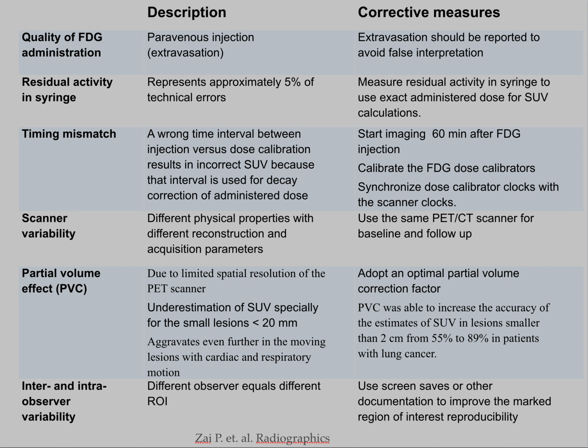And in the United States, we can't make trains run on time, so what makes this thing, we can make the injections run on time. So this is probably a significant source of error. Other sources are scanner variability, as we mentioned, different volume averaging effects for measurements, and, of course, intra- and inter-observer variability.